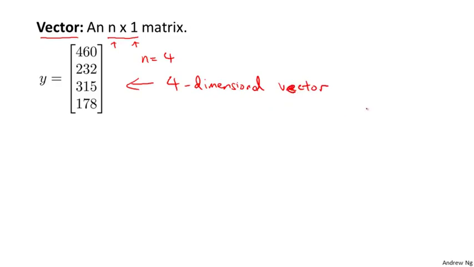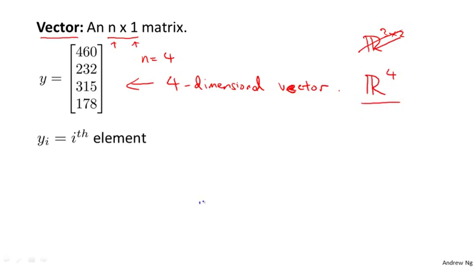And just as earlier for matrices, you saw notation like R3 by 2 to refer to 3 by 2 matrices, for this vector we're going to say it is a vector in the set R4. This R4 just means the set of all 4-dimensional vectors. Next, let's talk about how to refer to elements of the vector. We're going to use the notation yi to refer to the ith element of the vector y.